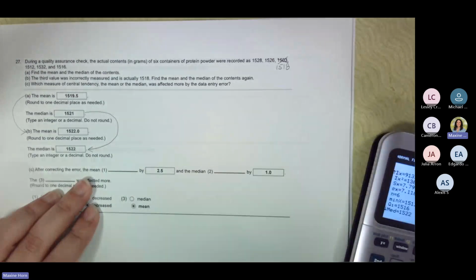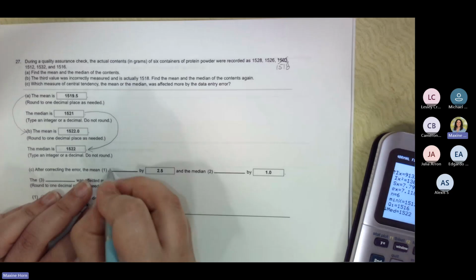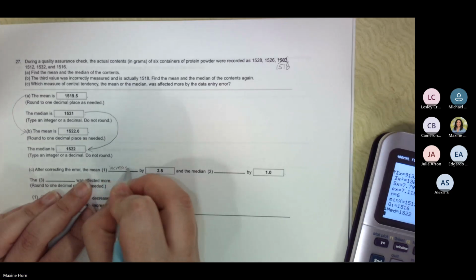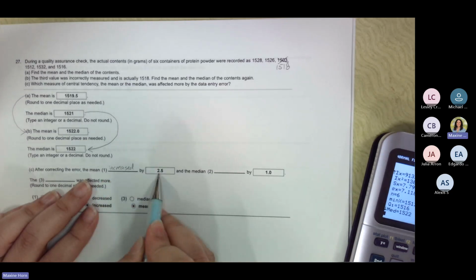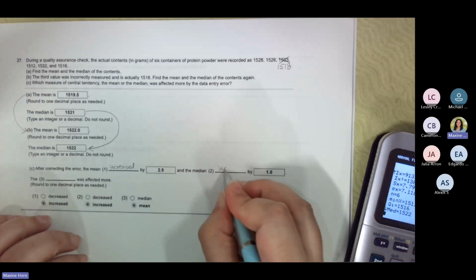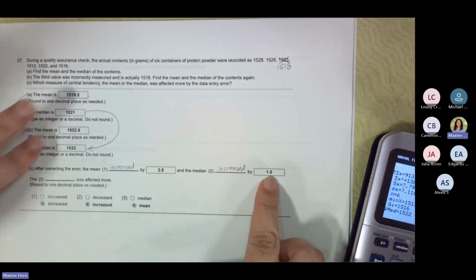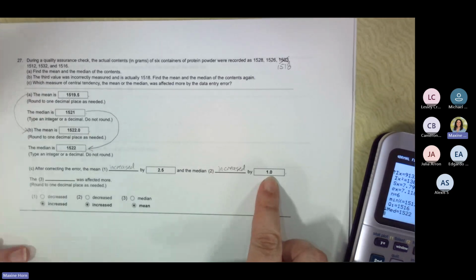So after correcting the error, what did the mean do? From here to here, it increased by 2.5, and the median also increased, but only by 1. Right? Do you see that? From here to here is the mean, from here to here is the median.